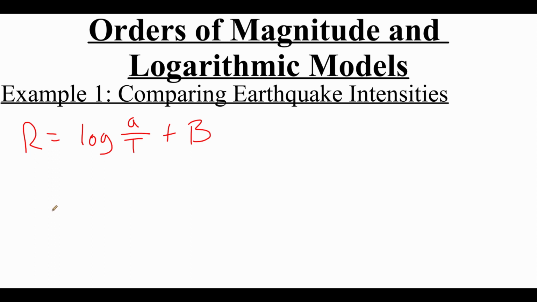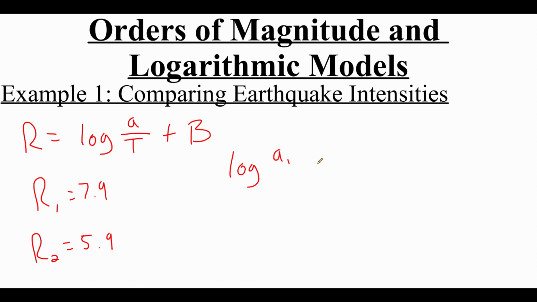Now what we're going to do is compare a couple of earthquakes. So let's say we have an earthquake that measures in at 7.9 on the Richter scale, and we want to compare that to an earthquake that measures in at 5.9 on the Richter scale. If we were computing this R1 value of 7.9, we would take the log of our amplitude.